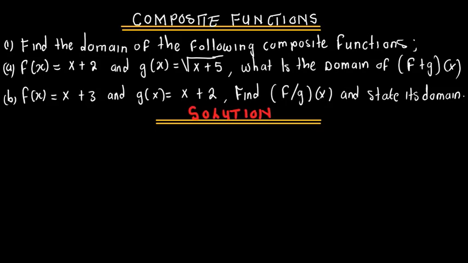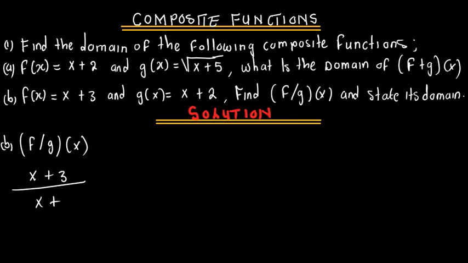And then we're told to find the function f of g evaluated at some point x. So in this case, what we do, we are going to get the function f, which is x plus 3, and then we have x plus 2.